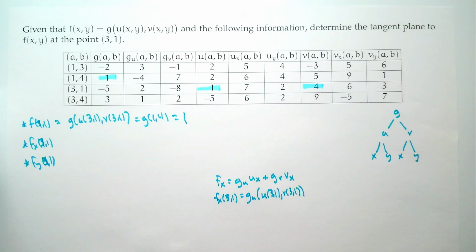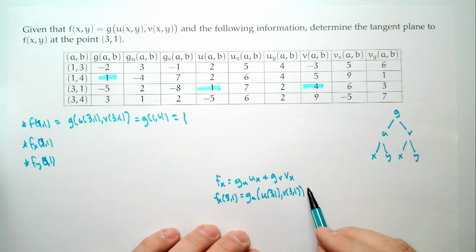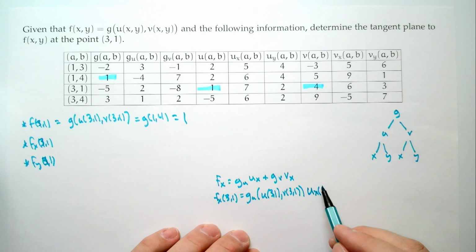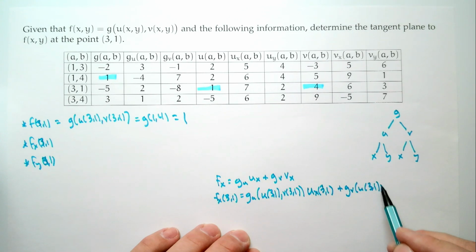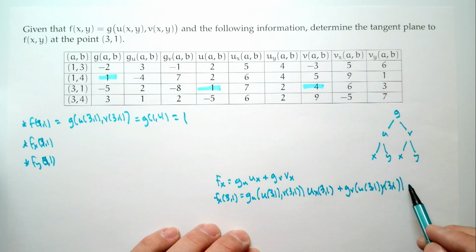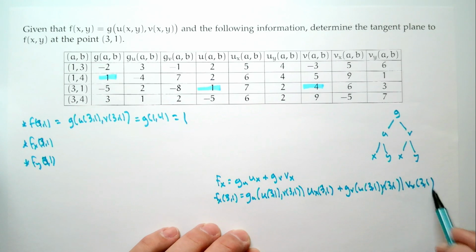It's like the chain rule for first semester calculus. We don't change the insides. Then we times it by u sub x at 3, 1. And then we add g sub v at u of 3, 1, v of 3, 1, times v sub x at 3, 1.